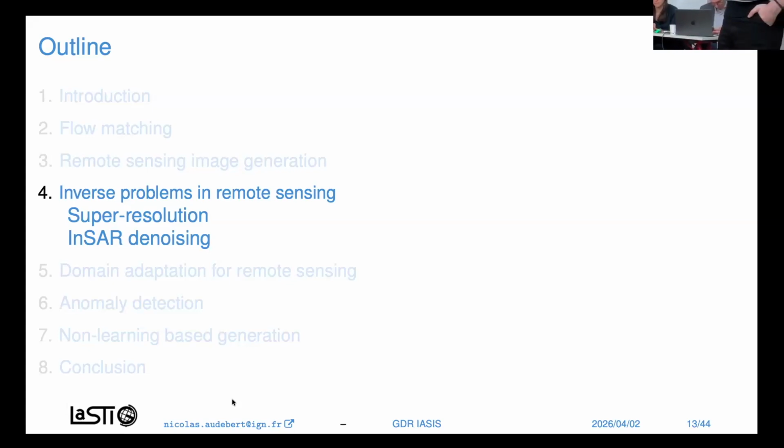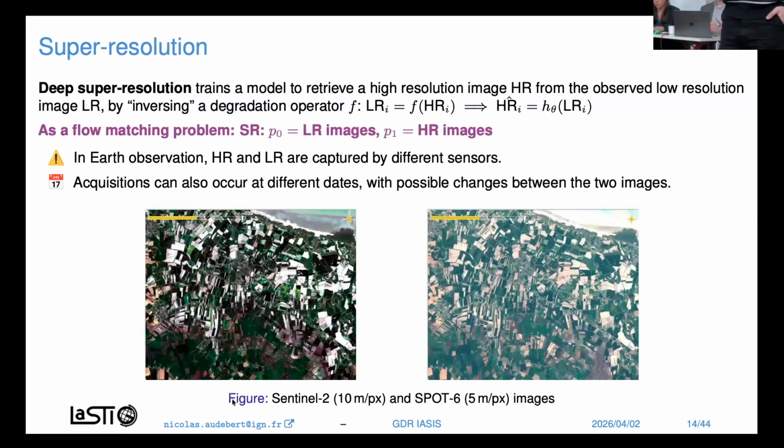And now we're going to dive into more specific types of applications of generative models. And one that I especially like is inverse problems in remote sensing. Inverse problems are very common. And the one I started with was super resolution. So in deep super resolution, you want to train a deep model to retrieve a high resolution image from a low resolution image.